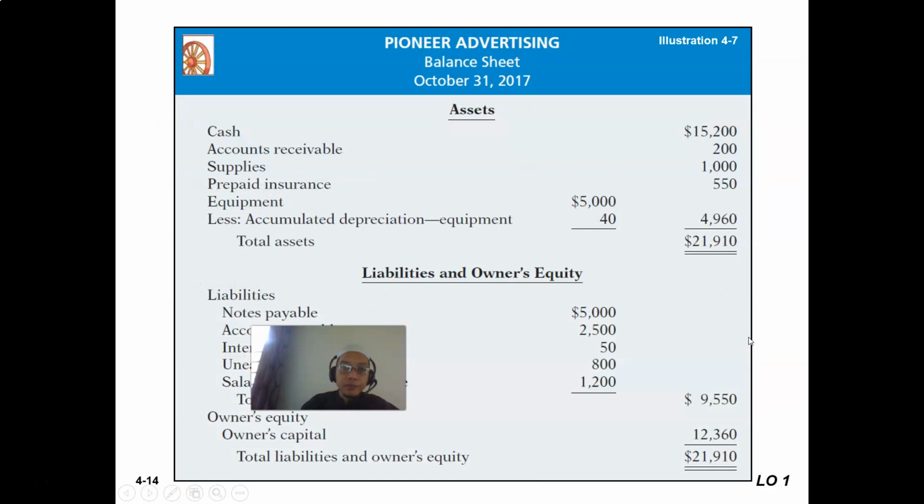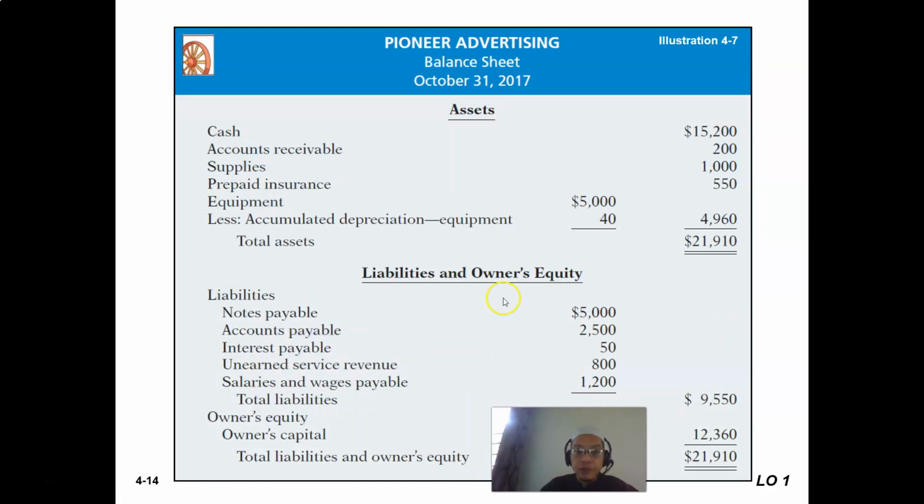And finally, we prepare the balance sheet. The statement itself has a header, and then the body of the statement. The header will have the title of the company and the statement name, the balance sheet.